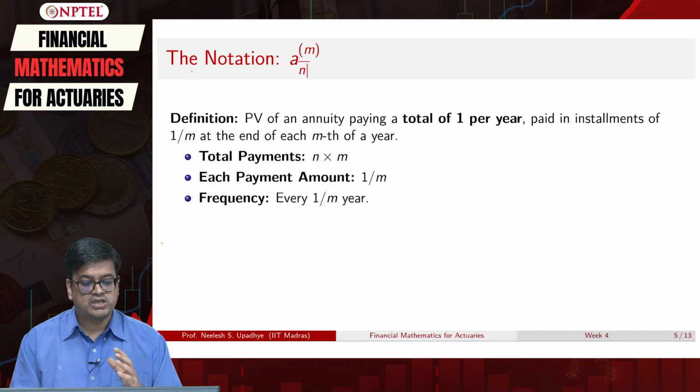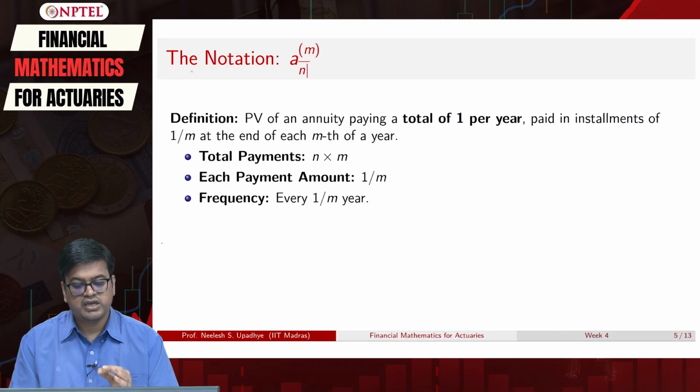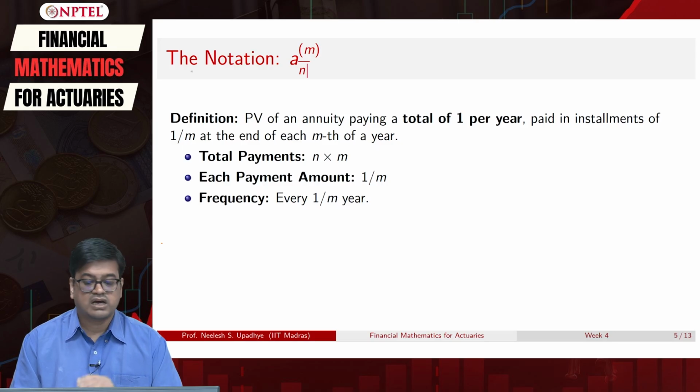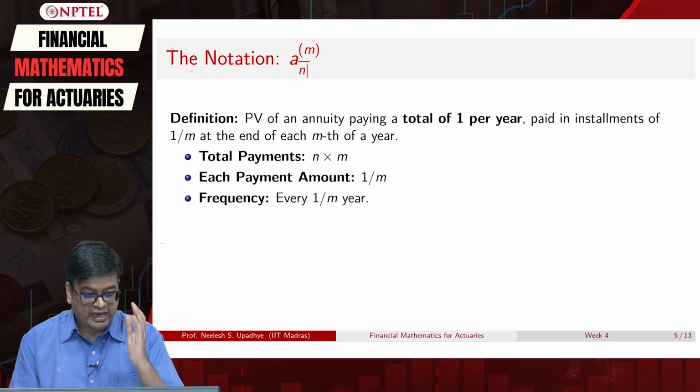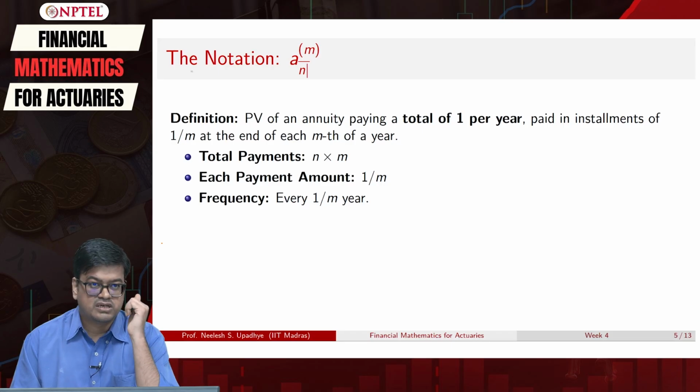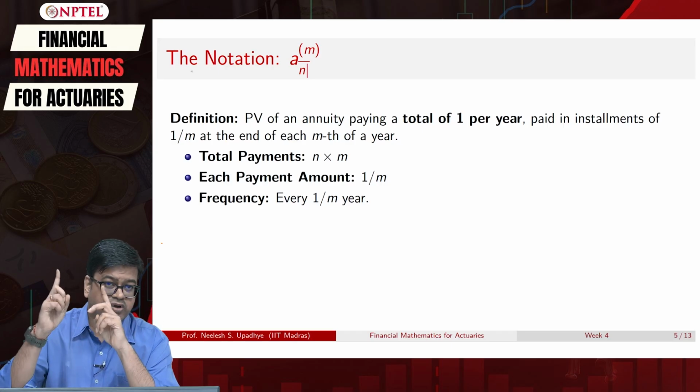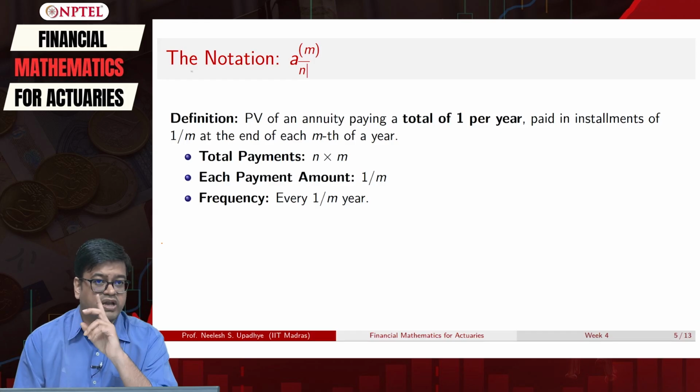So what this denotes is the present value of an annuity paying a total of 1 per year, where installments are paid at each mth of the year, and the amount is 1 by m. Therefore, the total number of installments is n times m, and each payment is of amount 1 by m, because it is a total of 1 unit divided by m.